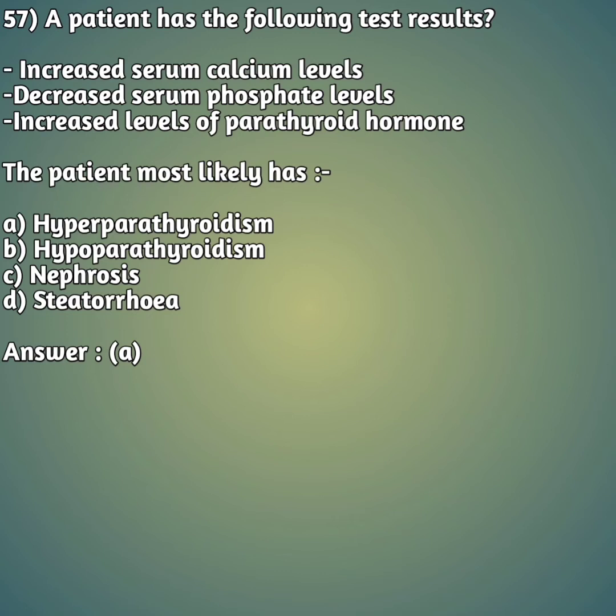So this is the condition of the patient. The patient is most likely to have what? Option A, hyperparathyroidism, option B, hypoparathyroidism, option C, nephrosis, and option D, steatorrhea. So the right answer is answer A, hyperparathyroidism.